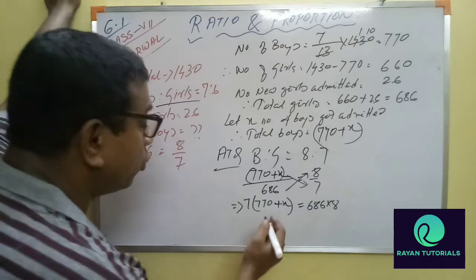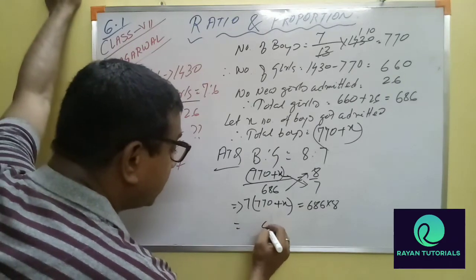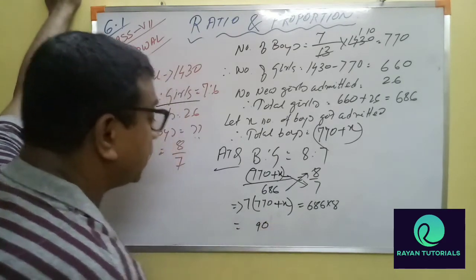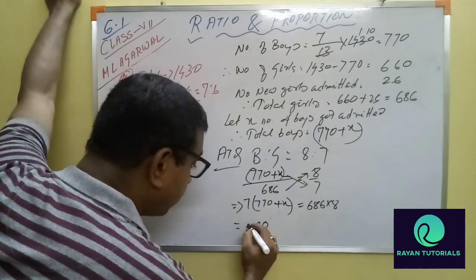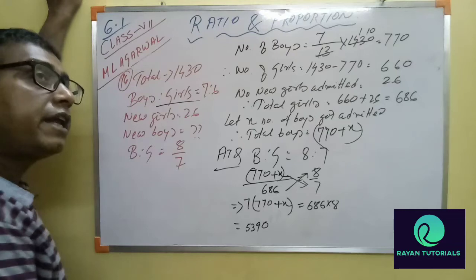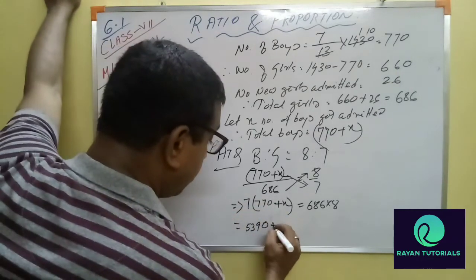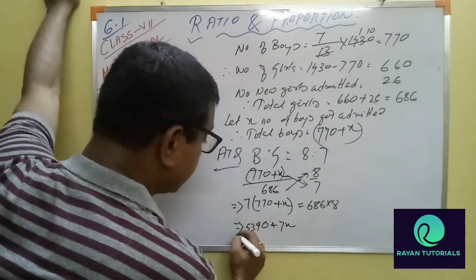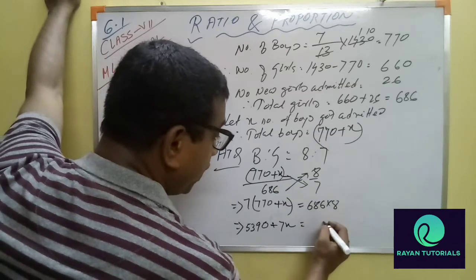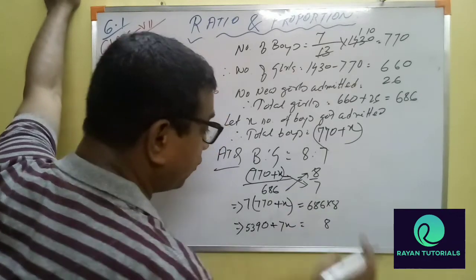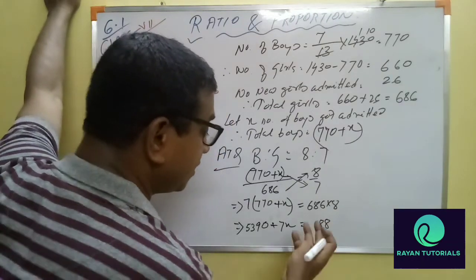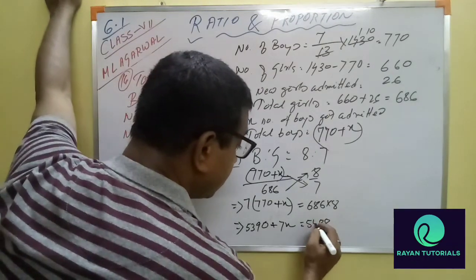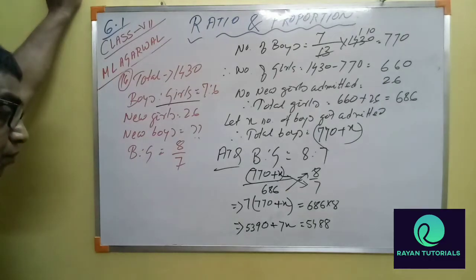This gives you 7 7s are 49, 7 into 770 is 5390, plus 7x equals 8 6s are 48, 8 8s are 64, 8 into 686 is 5488.